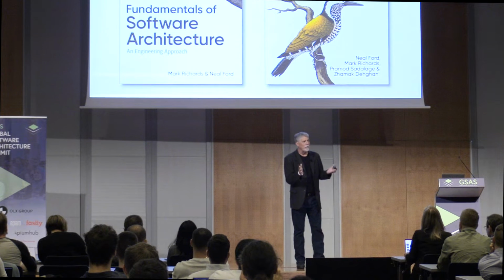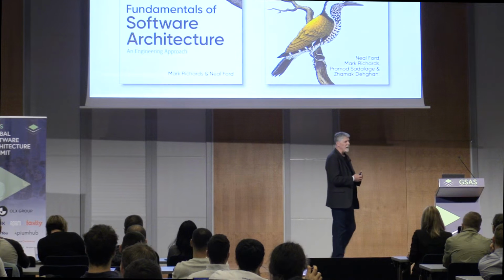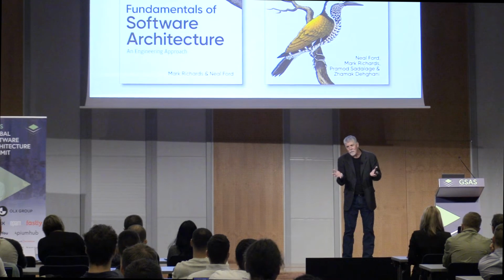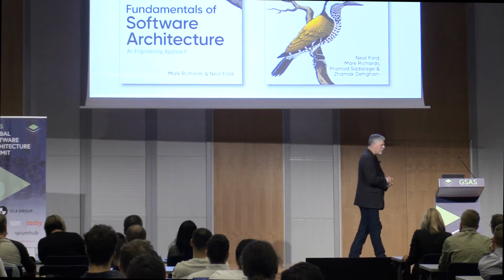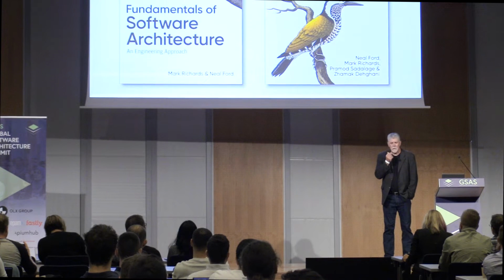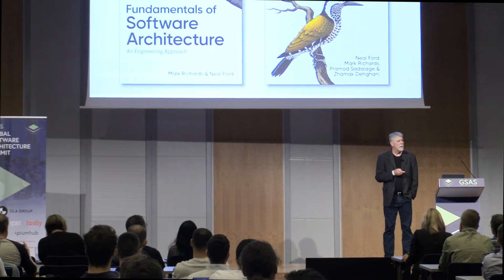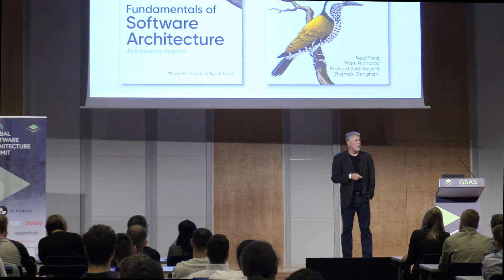Now, in truth, The Fundamentals of Software Architecture actually took us about 7 years to write. It just ended up getting published during the pandemic. But The Hard Parts, of course, was just 2 years. So some of the material that I'm going to be showing you does come from these books.